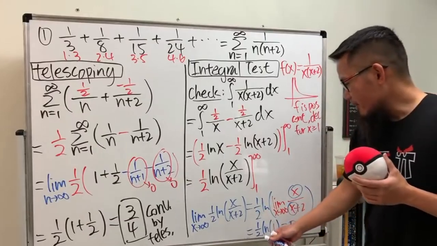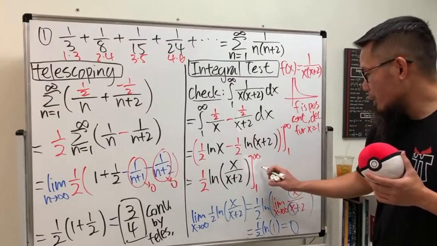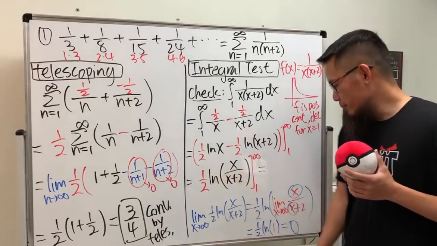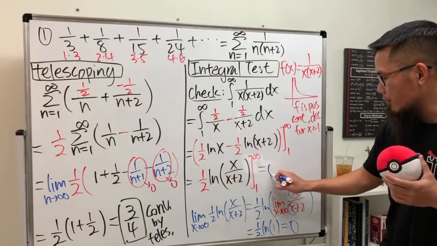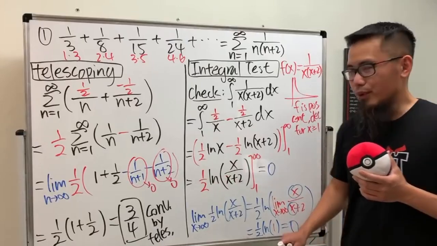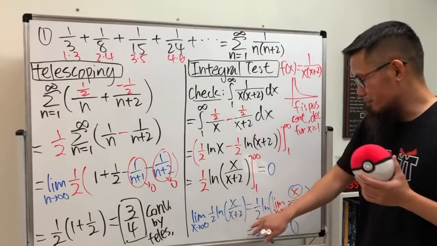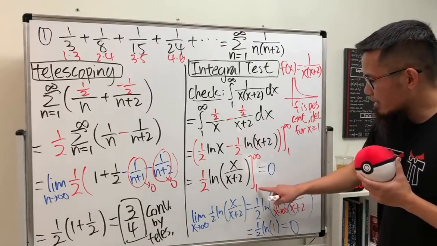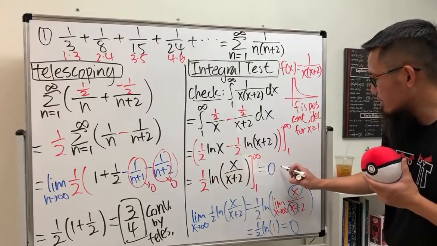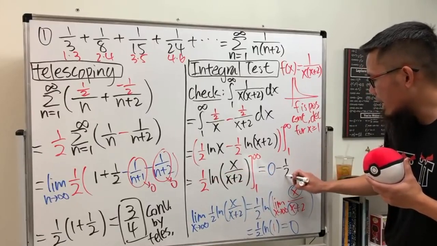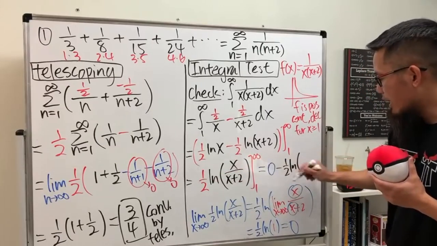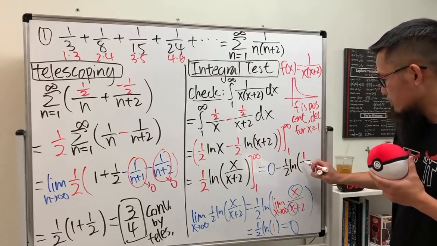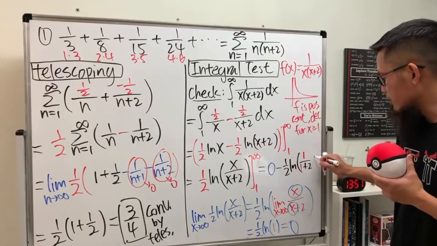Anyway, when we plug in infinity, the first term is going to give us 0, so I'll put that down in blue. If you are doing this for the test, of course, you just put this down somewhere so you can show work for that. And then we have to plug in 1 into here, and that's a minus. So it's minus 1/2 ln of 1 over 1 plus 2, which is 3, of course, but let me just write that down.